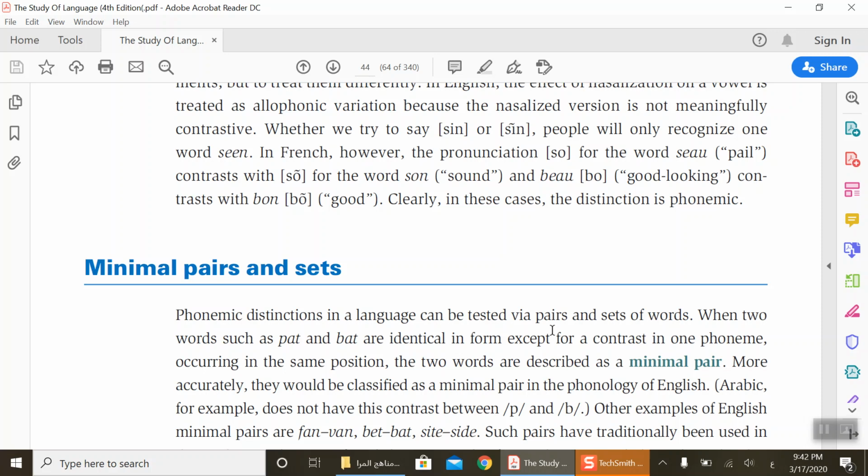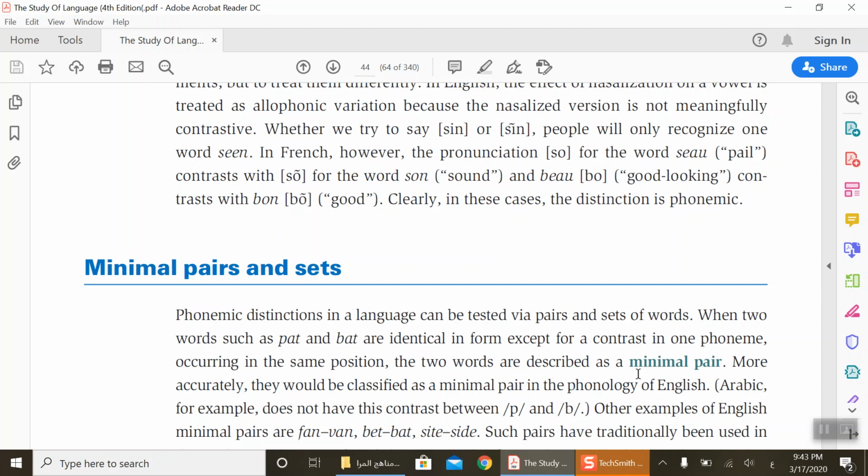When we have two words, such as bat and pat, that are identical in form, in other words, two or more words that are similar but different in one phoneme, identical in form except for a contrast in one phoneme occurring in the same position, the two words are described as minimal pairs.